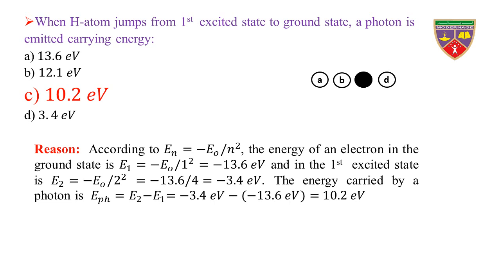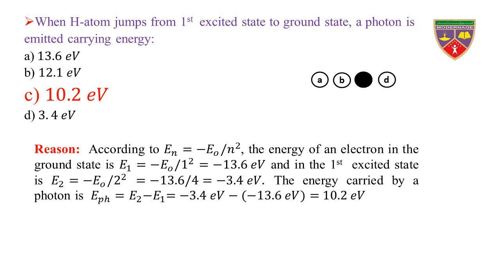Reason: according to En is equal to minus E naught divided by n square, the energy of an electron in the ground state is E1 is equal to minus E naught divided by 1 square, which is equal to minus 13.6 electron volt, because E naught is equal to 13.6 electron volt. And in the first excited state, E2 is equal to minus E naught divided by 2 square, which is equal to minus 13.6 divided by 4, which is equal to minus 3.4 electron volt.